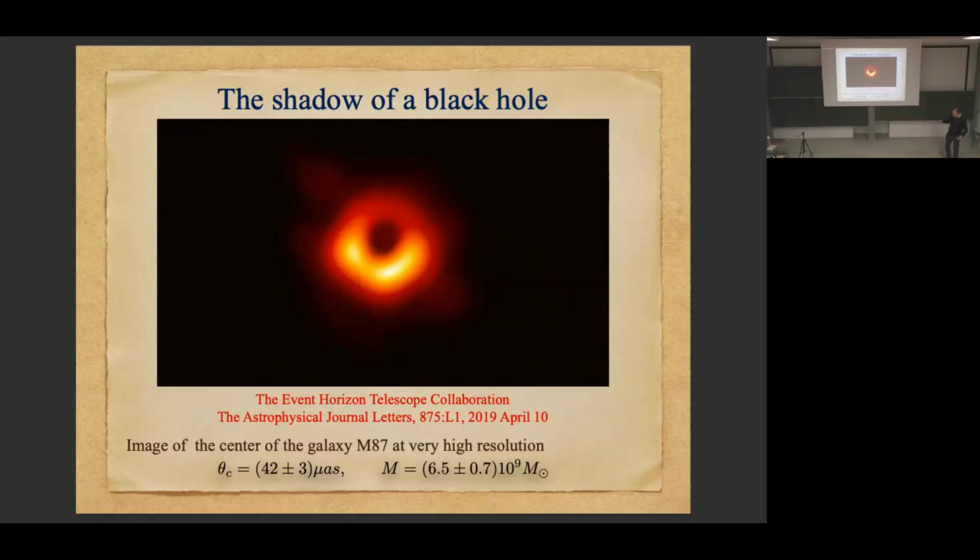And soon there will also be results about Sagittarius A star, the black hole in the center of our galaxy, which is 1,000 times lighter, but is also 1,000 times closer. So the angular resolution is about the same. I think that's really cool, because that's really a regime where you have plasma, which is both at very high temperature and in a strong gravity region.